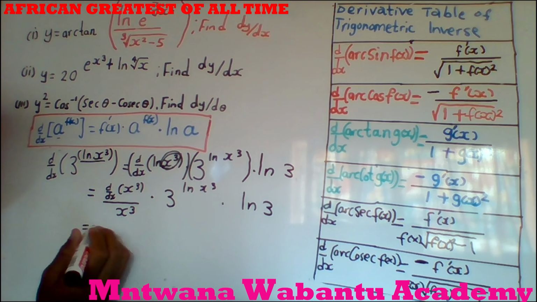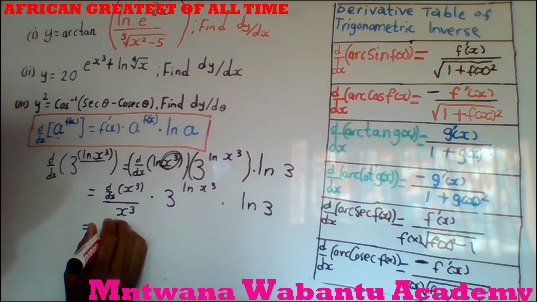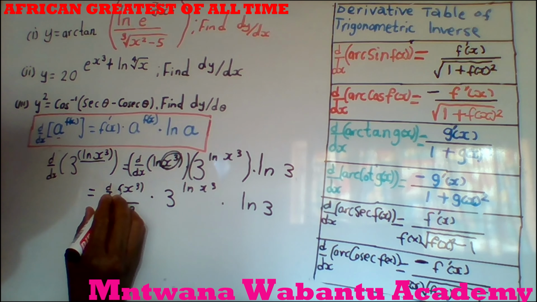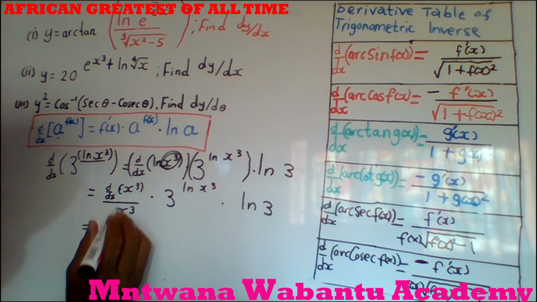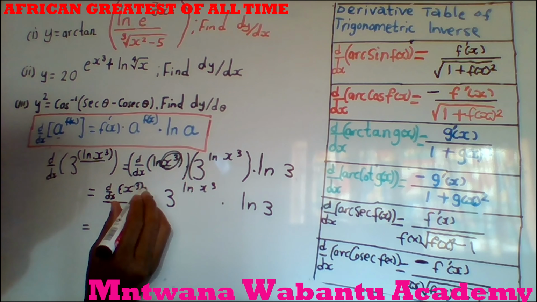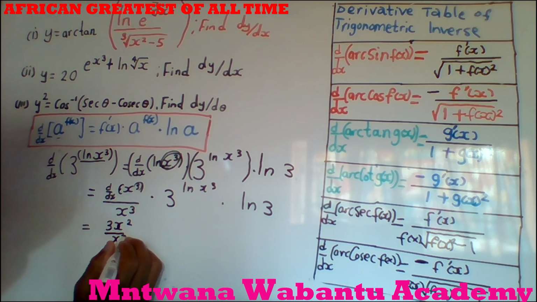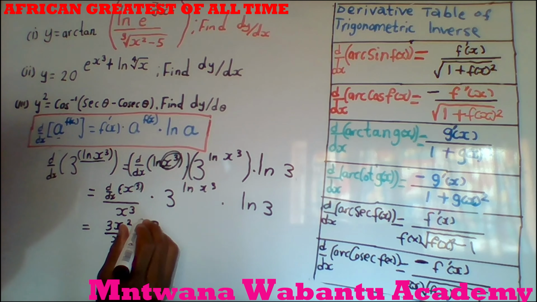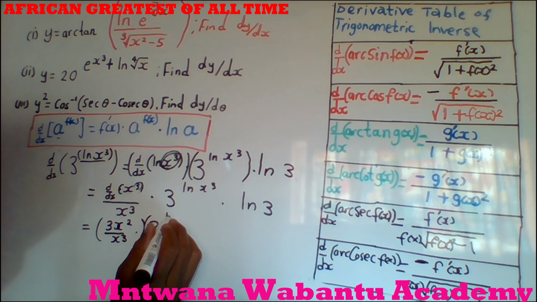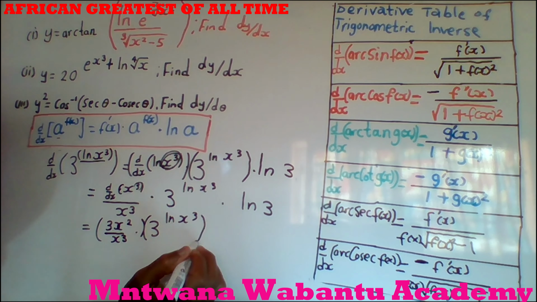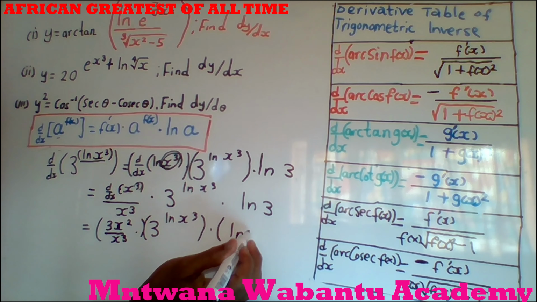When you differentiate x cubed, it's 3x squared, because the 3 comes to the front and 3 minus 1 gives 2. Then you have 3 to the power of x cubed and ln of 3.